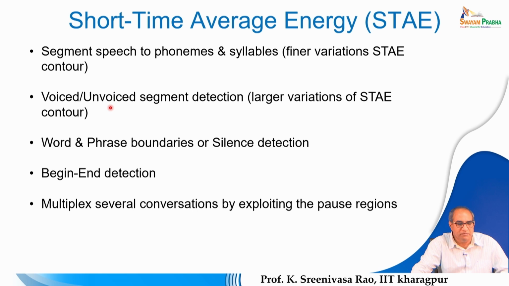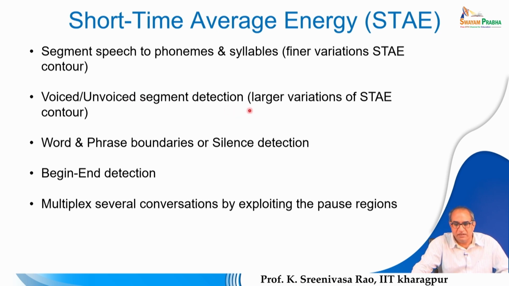Whereas by using a gross level of short term average energy, one can segment the speech into voiced and unvoiced regions, because we know that in the voiced region the speech signal strength is very high and you can observe the periodicity, whereas in unvoiced speech regions the signal energy is very low. Based on that, one can identify whether the given speech segment is voiced or unvoiced.